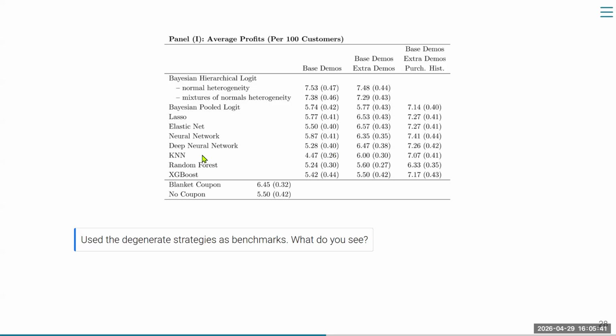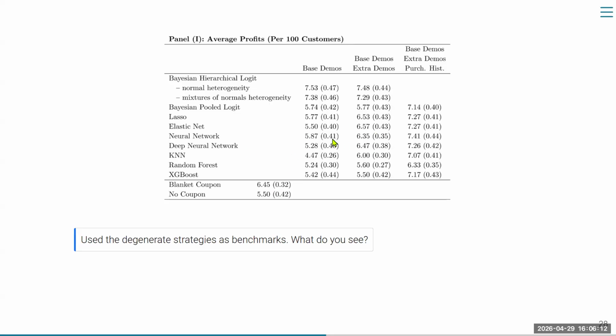And that's not an indictment on those algorithms. What it is saying, without clear signal to distinguish loyals from marginals, they can't make that distinction. So it doesn't mean it's a bad model. It just means it's not suited for this task with this training data. Once we supplement the demographic information, some of the logits are starting to beat the benchmarks.